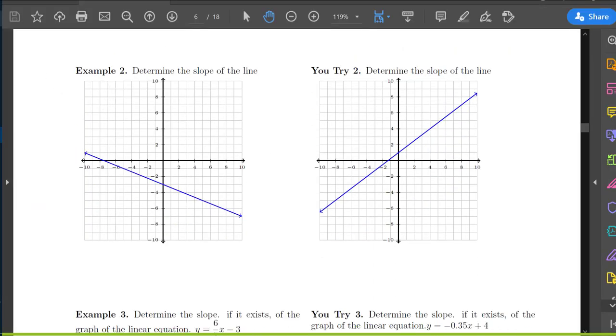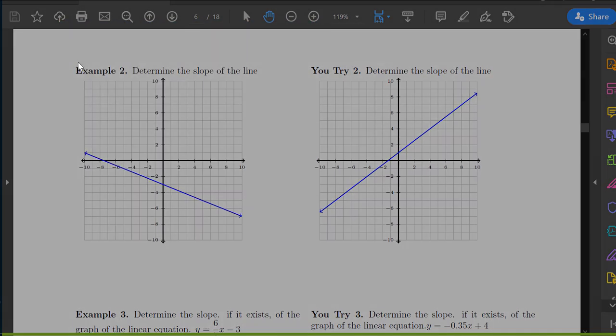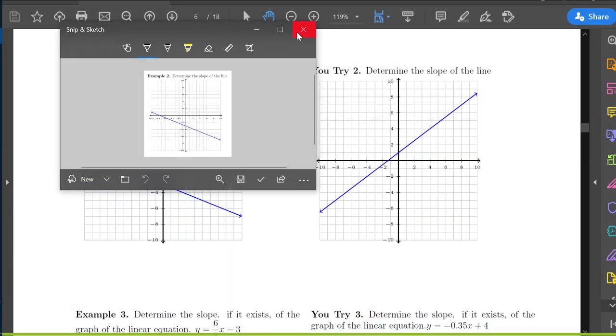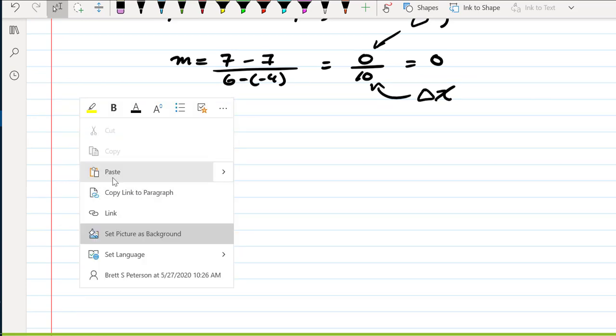All right, so let's take a look at our next example. Given a graph, we also want to be able to determine slope.